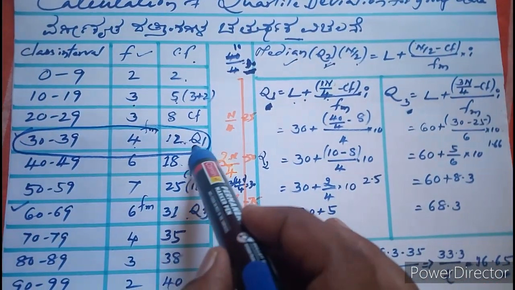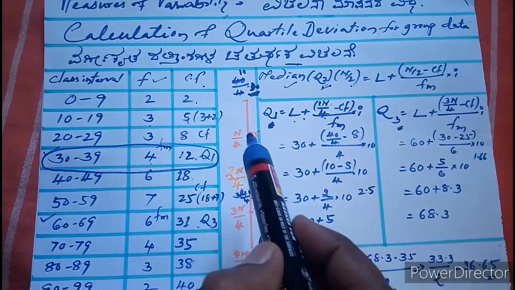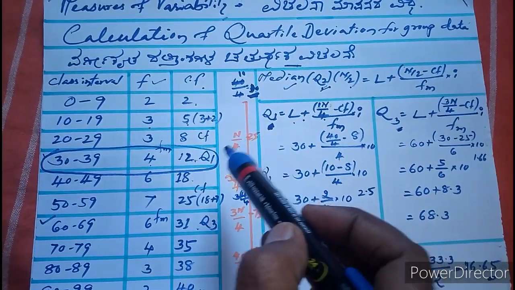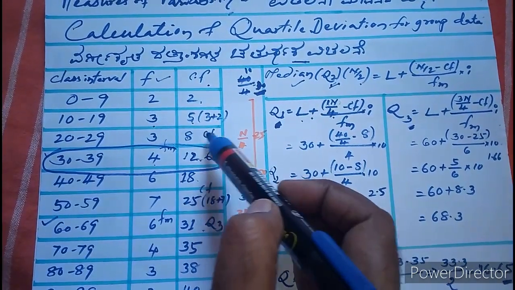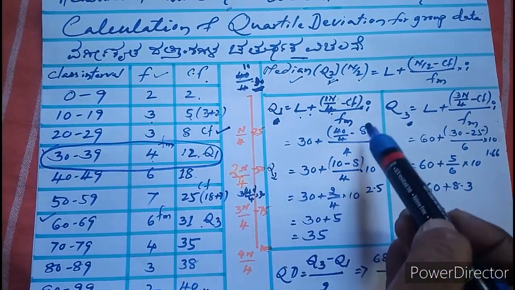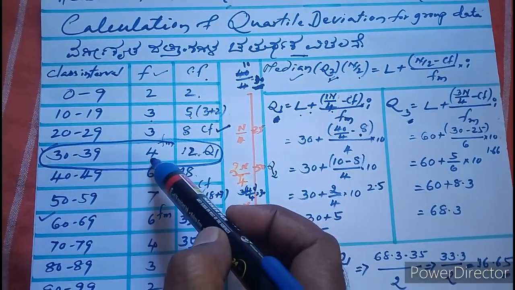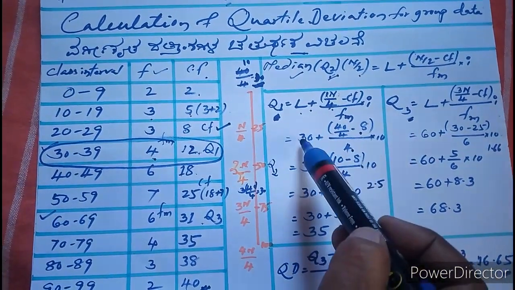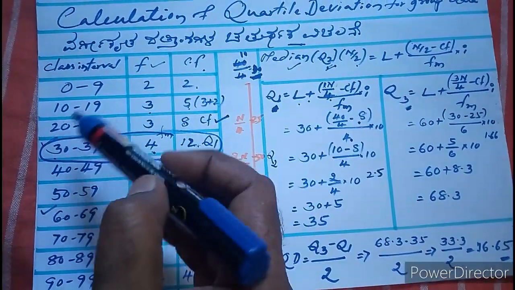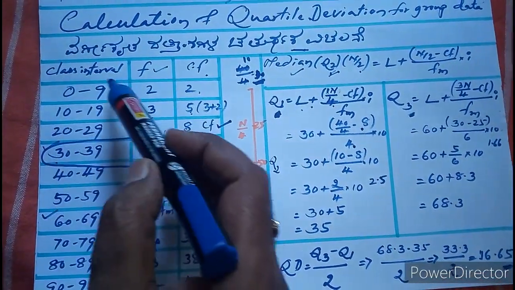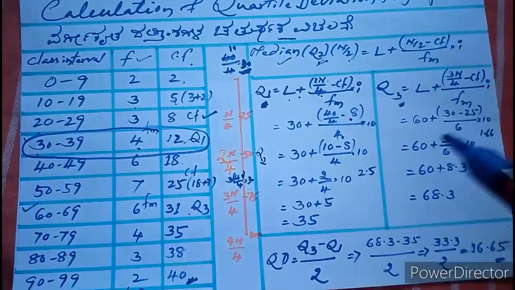For finding quartile 1, the cumulative frequency above the Q1 class is 8, that is Cf. Fm is 4, L is 30 and the common width of any class interval is 10.